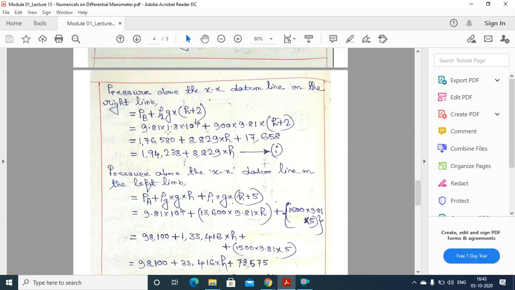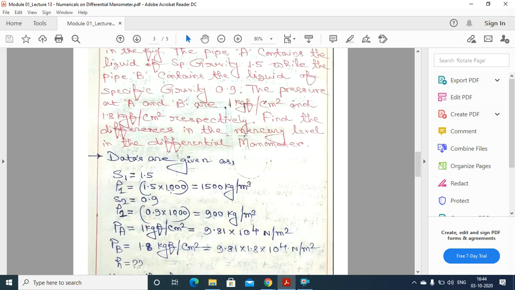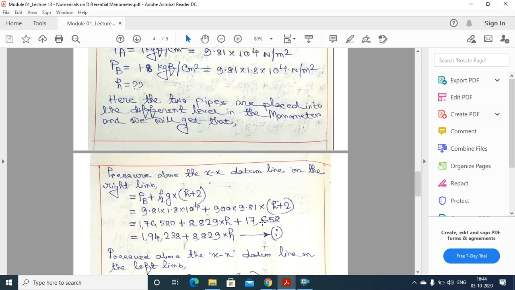This is the total pressure PB. Now rho 2 G into (h plus 2): rho 2 we have already calculated as 0.9 into 1000, so it is 900 kg per meter cube. So 900 into G, that is 9.81, into (h plus 2).